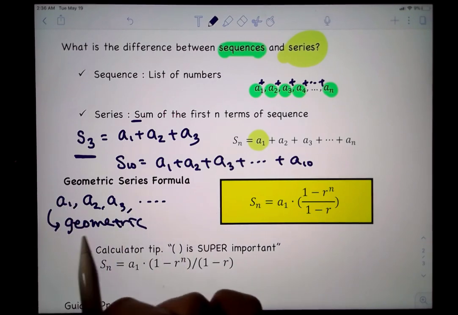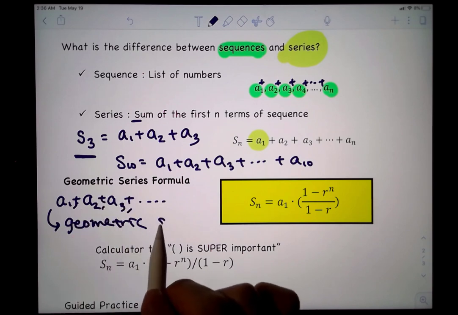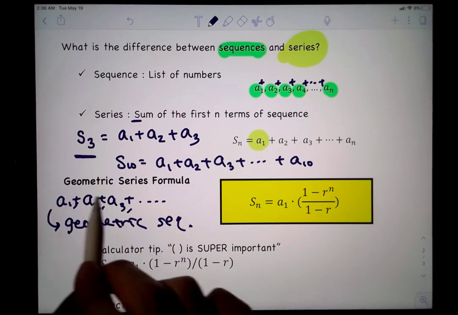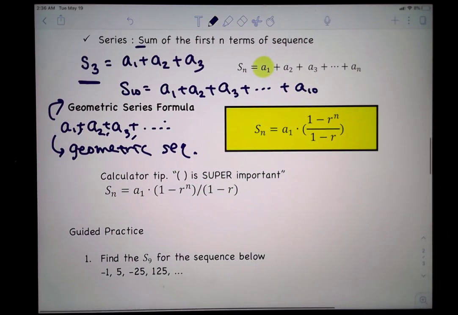That's the geometric series. This formula is only for geometric series, not any other sequences or series.